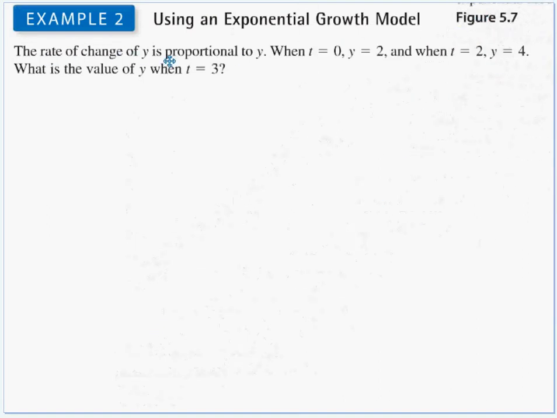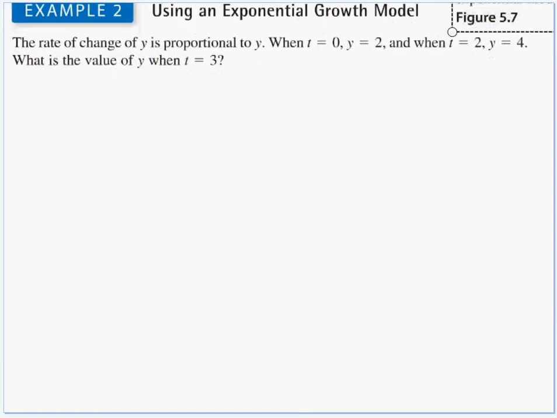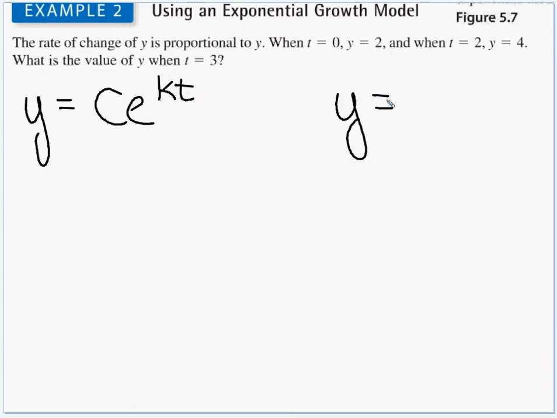So again, they've cleared the way for us to use our equation, y equals ce to the kt. A way I like to introduce these problems is I'm going to write it out twice, y equals ce to the kt, and I'm going to write it again over here. Now we've got two initial conditions, and the beautiful one is right here, t equals 0, the point (0, 2).